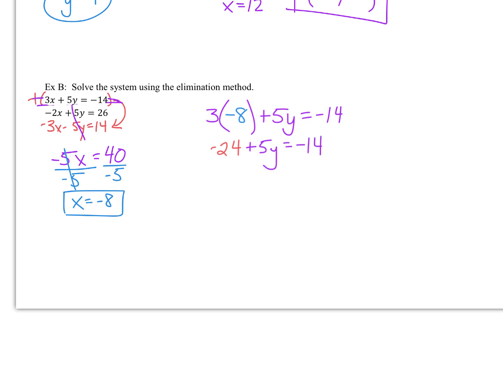Okay, so now what? Good. So I get 5y equals 10. So y equals what? Yeah. So my answer is -8, 2.